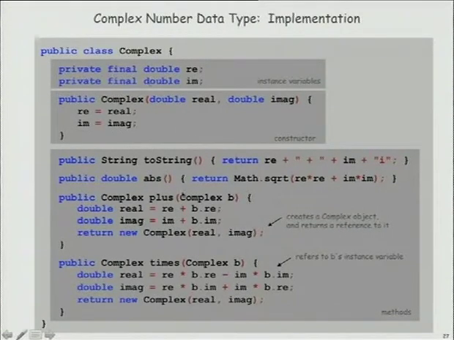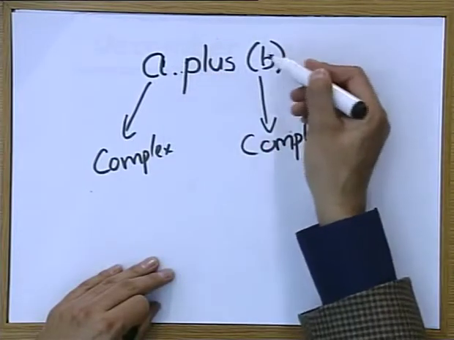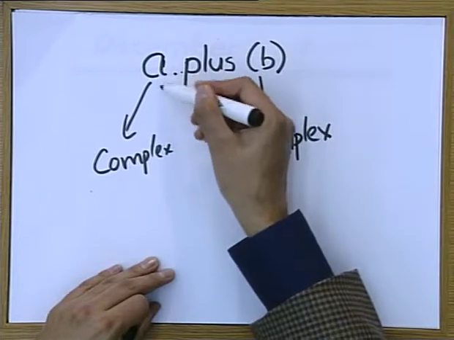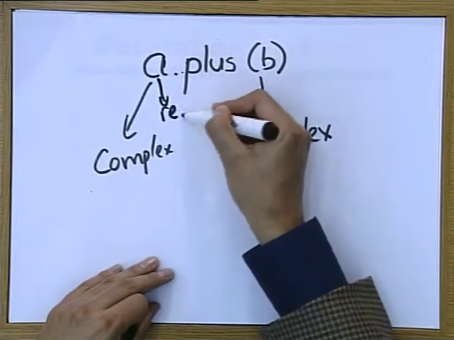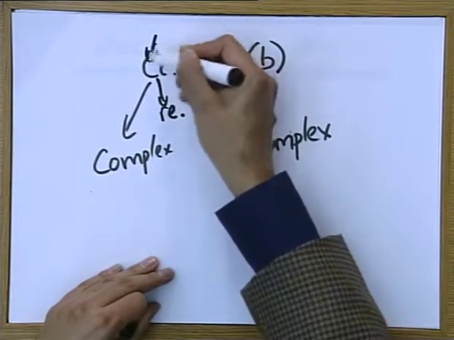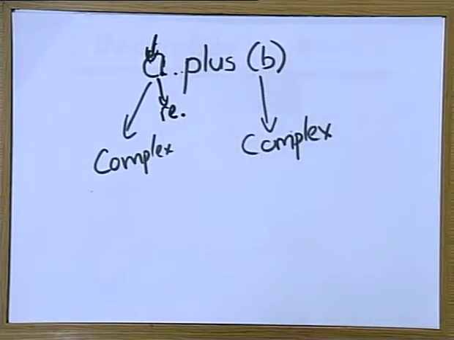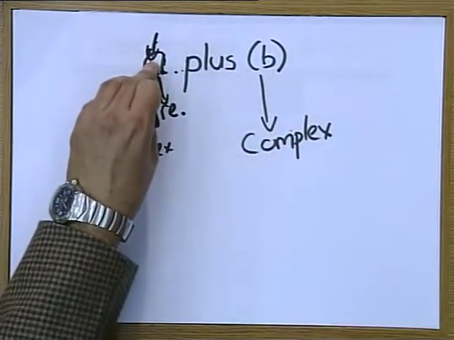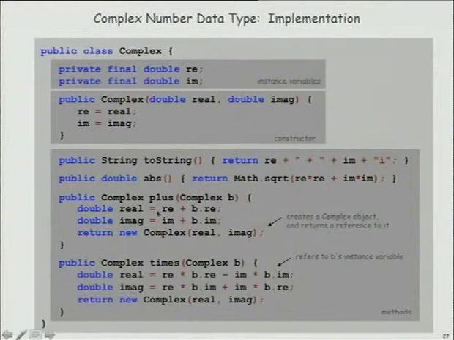And if you look at the example here of A plus B, then re will refer to this object's real part, so the current object that I'm working with. So re there is referring to A, if I use this example.